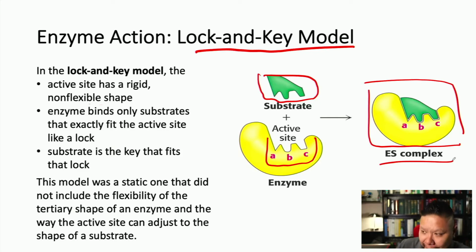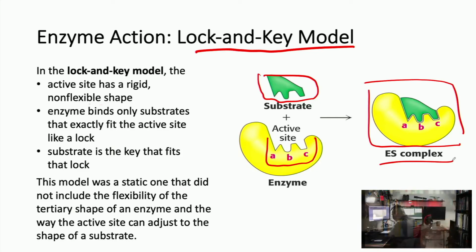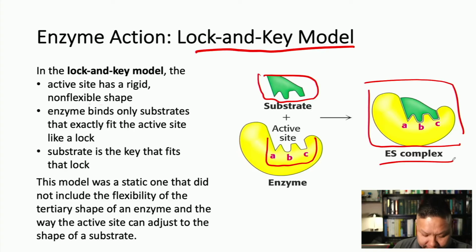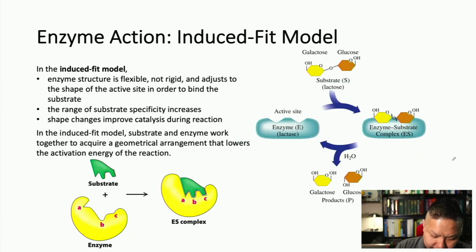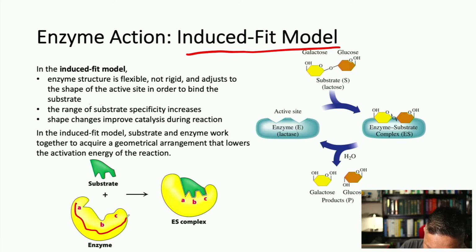But we know now that enzymes and proteins and their amino acids are actually very fluid and flexible. And so this lock and key model isn't quite right. A more realistic model is known as the induced fit model. In the induced fit model, the enzyme's active site looks like a different shape than the substrate.